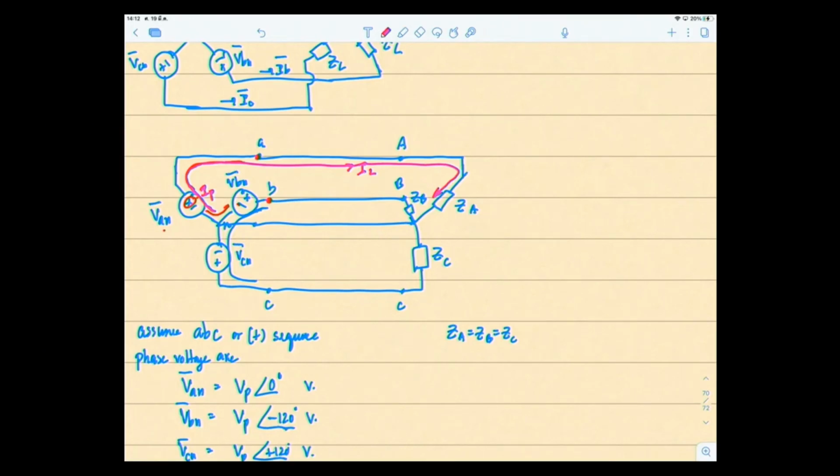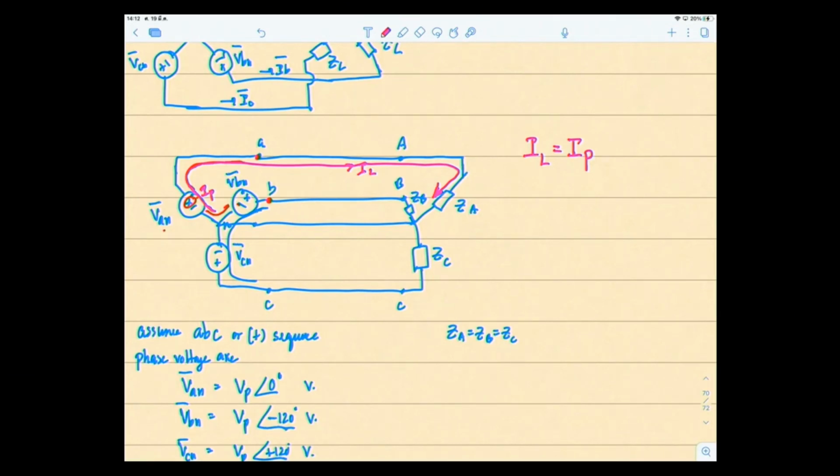It's also the current that goes through this impedance ZA on this phase, the phase on the load side. So that means for YY connections, I line is equal to I phase.